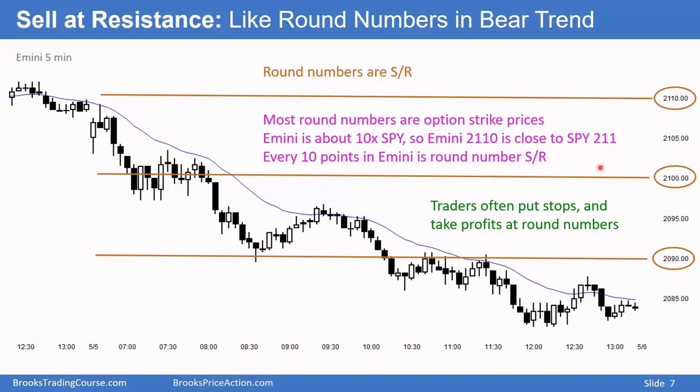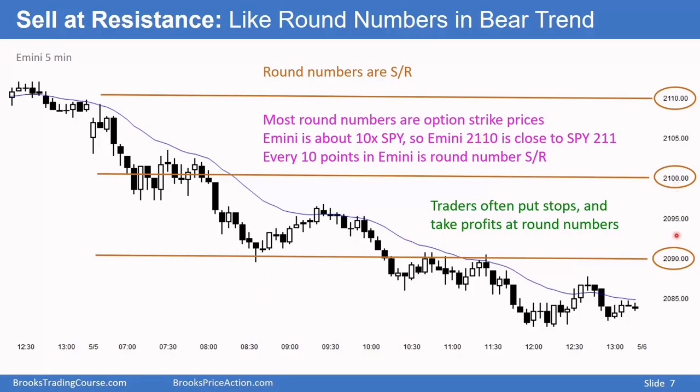The institutions that sell, for example, 211 Spider put or call, they want it to expire worthless. So if at the end of the month the Spider is near 211, the institutions will try to get it to close as close to 211 as possible so that as many options will expire worthless as possible. And 211 approximately equals the E-mini 2110, and therefore 2110 is an important price.